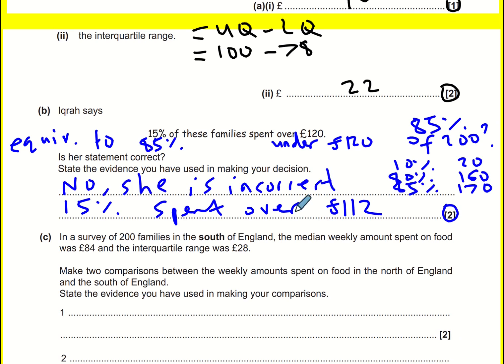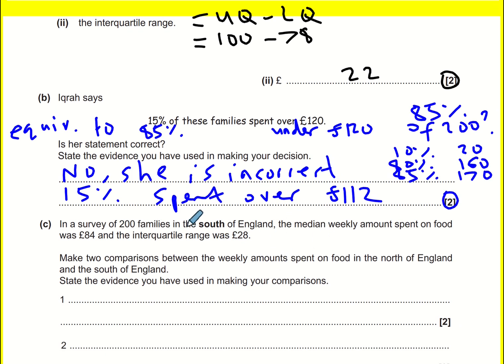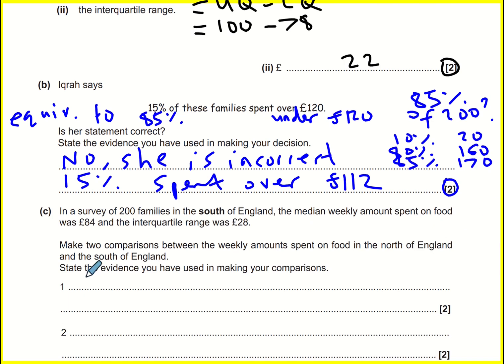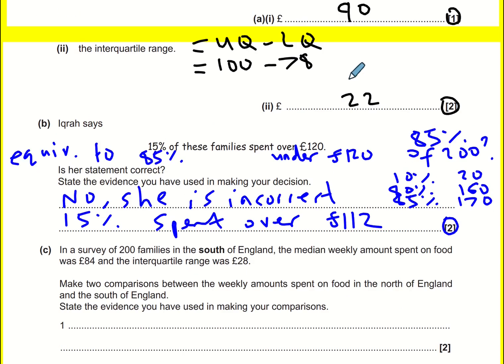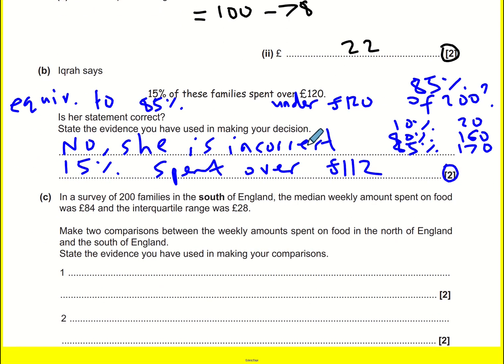Right, last little bit. We're comparing with the families in the south, and they've got a median of 85 and interquartile range of 28. So how can we compare them? We're comparing 84 with 90. We can see that people in the north are actually spending more on their food every week.